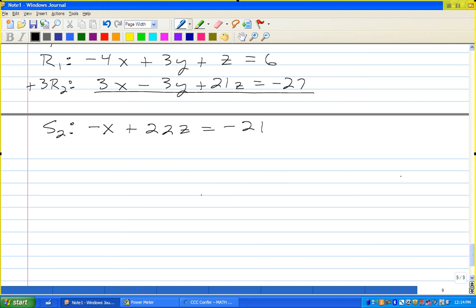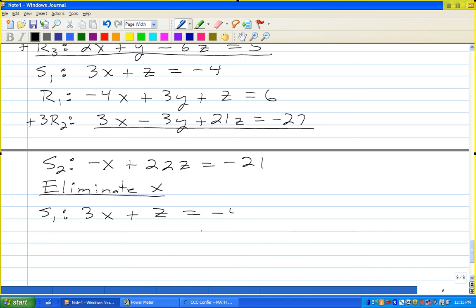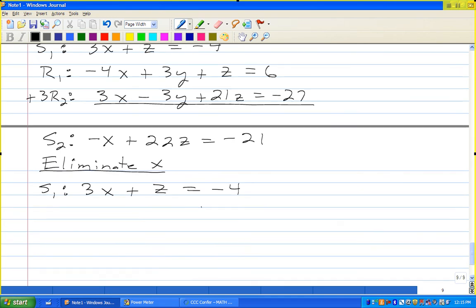Okay, so I wanted to eliminate x from S1 and S2. So S1 is 3x plus y equals negative 4.